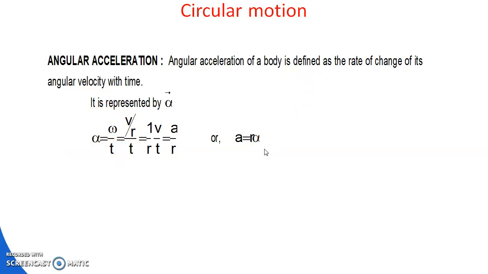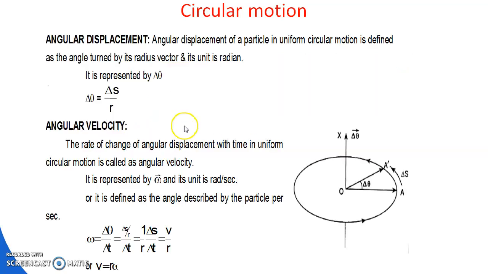What is the relation between angular acceleration and linear acceleration? In place of omega, the angular velocity, we can write v by r, since previously we discussed that omega is equal to v by r.